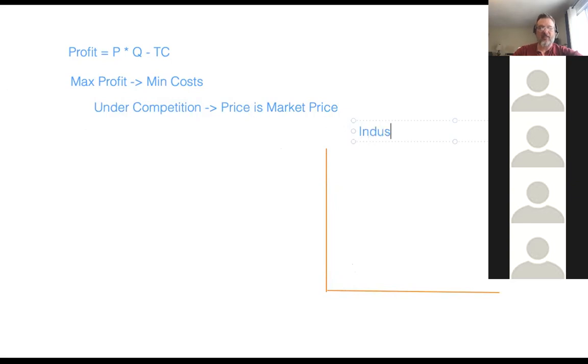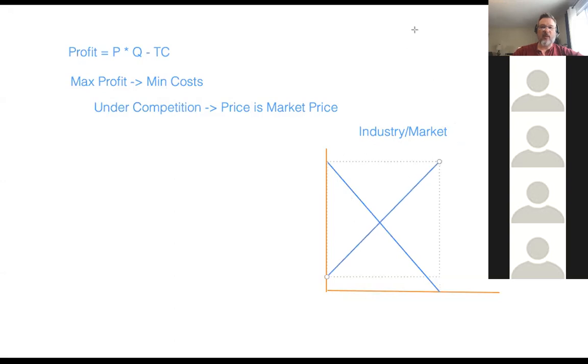We'll have this as being the industry, or what we call the market graph, and this is our familiar demand and supply.